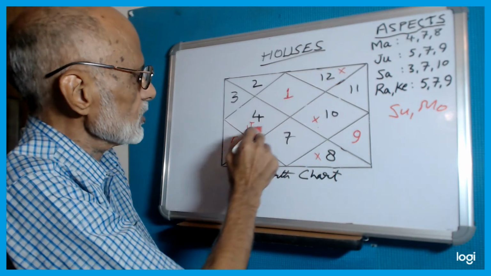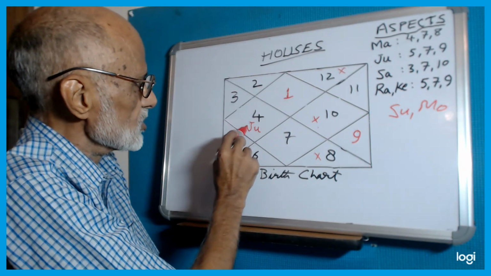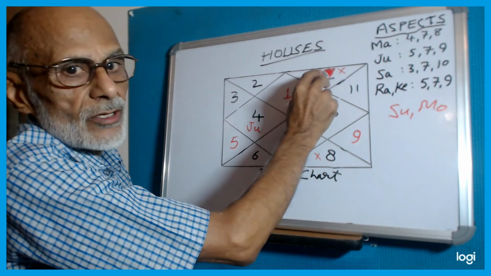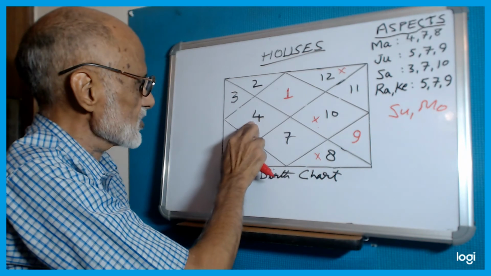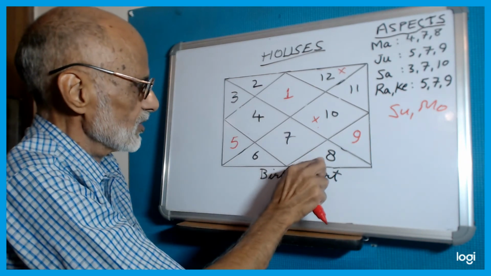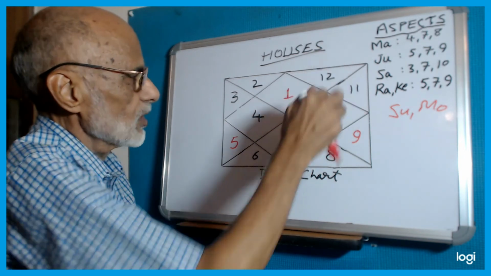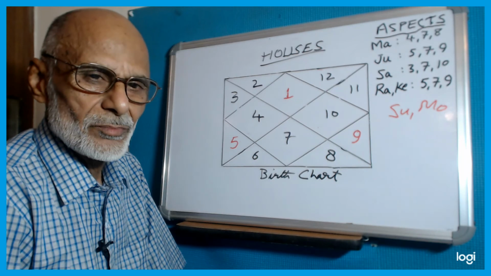So Jupiter is going to influence with its significations over the 8th house, 10th house and 12th house as well, if it is sitting here. I hope now you understand. So it is very important to know the aspects when you interpret the birth chart. This will carry great importance.